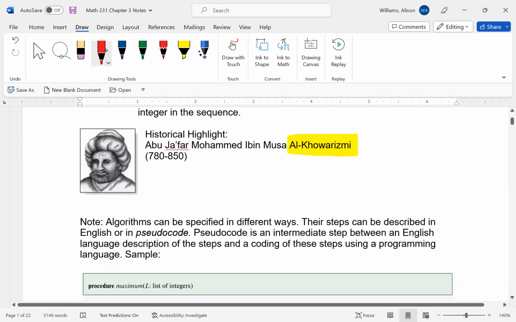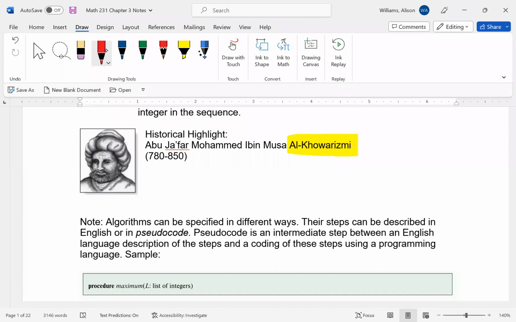So note, algorithms can be specified in different ways. Their steps can be described in English or pseudocode. This book, in an attempt to prepare for the connection between what we're doing and computer science, devotes itself to using this pseudocode. The pseudocode can be found in Appendix 3. There's quite a nice bit of information there.